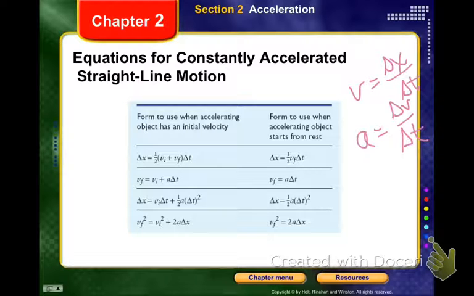Notice these first 3 all include a change in time, if something happens over, say, a 2.5 hour period. There's your delta t. But the last one doesn't include anything dealing with time. What you're going to find out is sometimes it's as simple as picking one equation and using it, but oftentimes it's a combination of 2 equations.